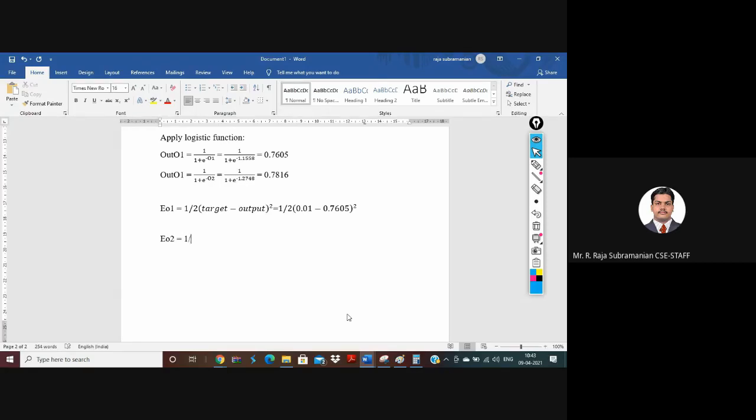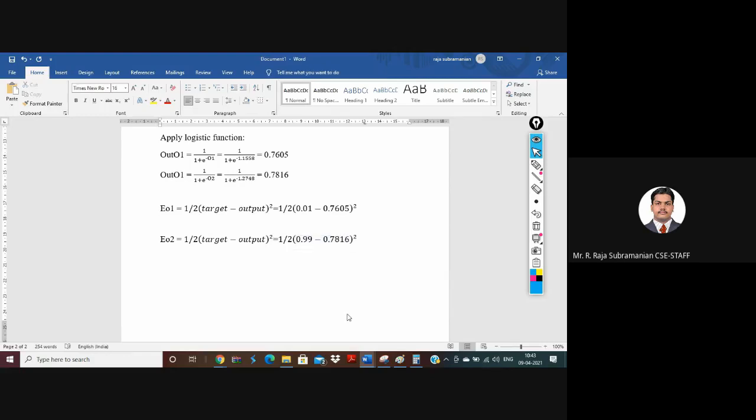If I want to take the mean, it is divided by 2. That is why the difference is like that. So calculate and say what is EO1 and EO2. This is 0.99 minus 0.7816.